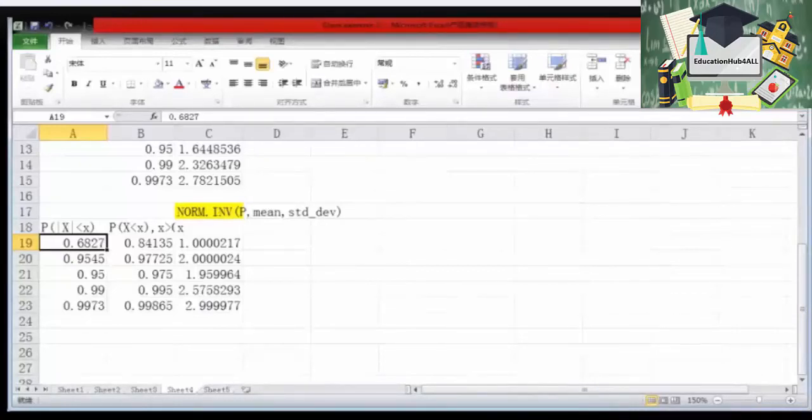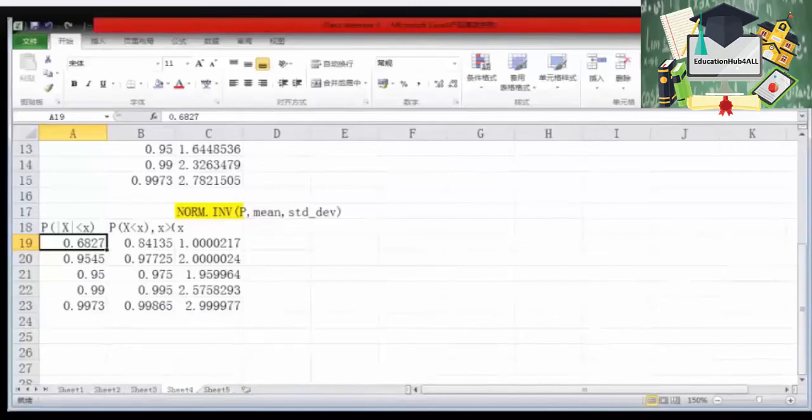So the question is: if I know this area, I want to find the value of A. This function actually gives us the x value if we know the left tail probability. But this area is not the left tail.